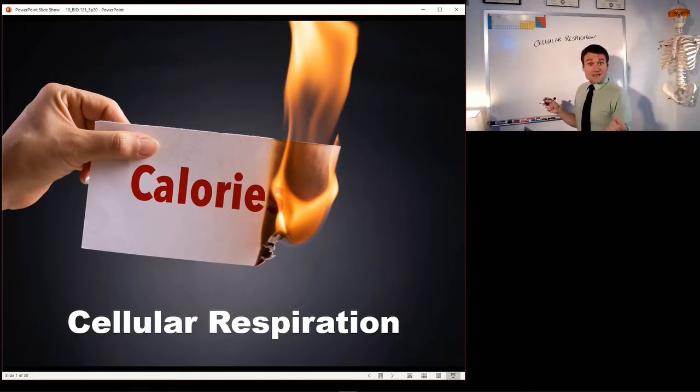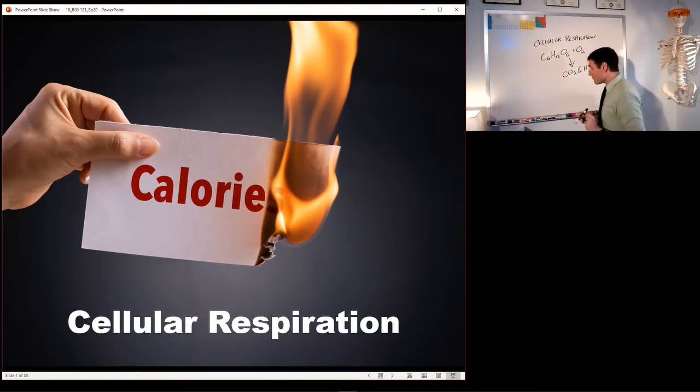Ultimately, we're going to take any given organic molecule, say glucose. Glucose is the example we'll use. C6H12O6. And we're going to react it with oxygen. And what we're going to get out the other side is CO2 and H2O.